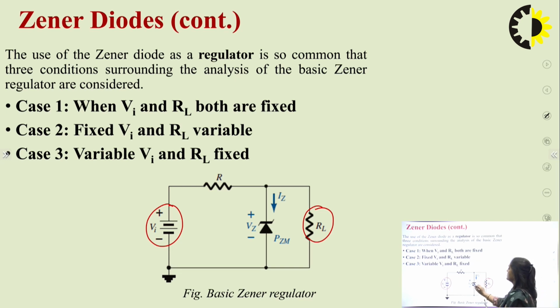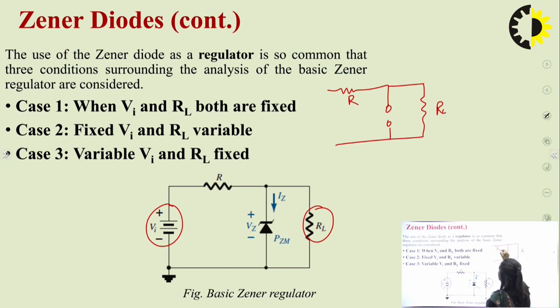So for finding the output voltage, we have to find the voltage across this Zener diode. For that purpose, we will open circuit this, and this circuit will be like this: RL, R, and this is plus minus Vi.